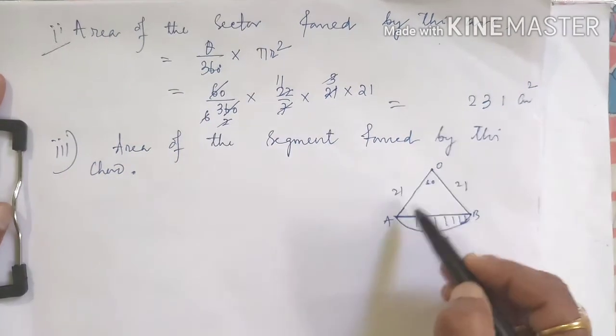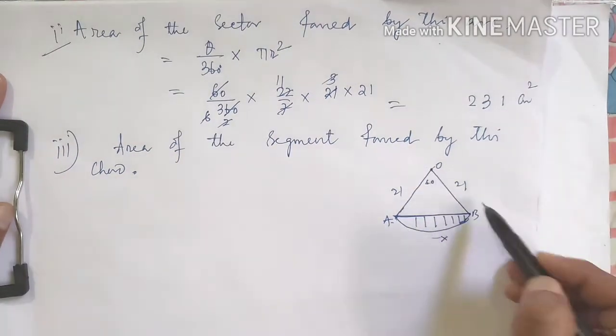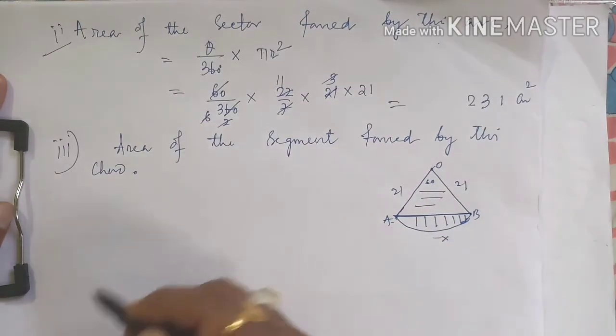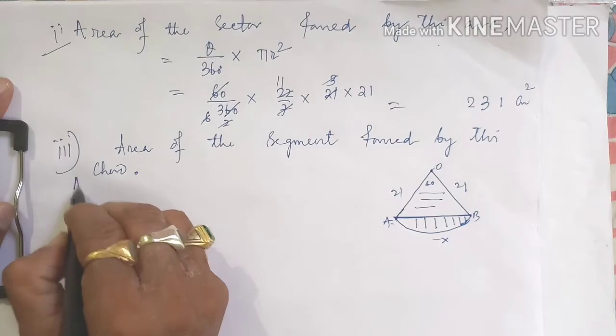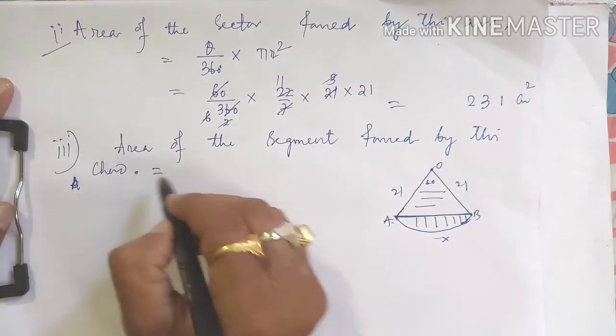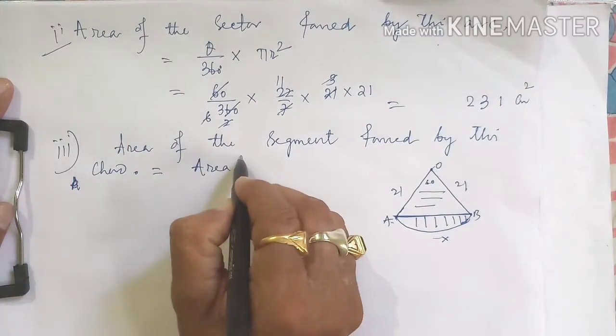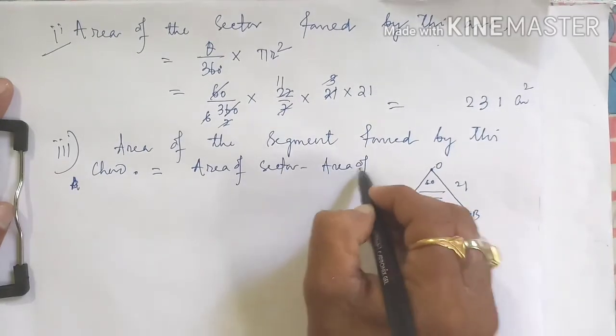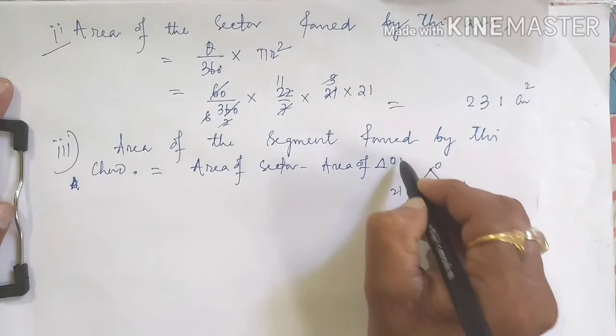First of all, find the area of sector OAXB and subtract this triangle. You will get the area of the segment. So you can write like this, equal to area of sector minus area of triangle OAB.